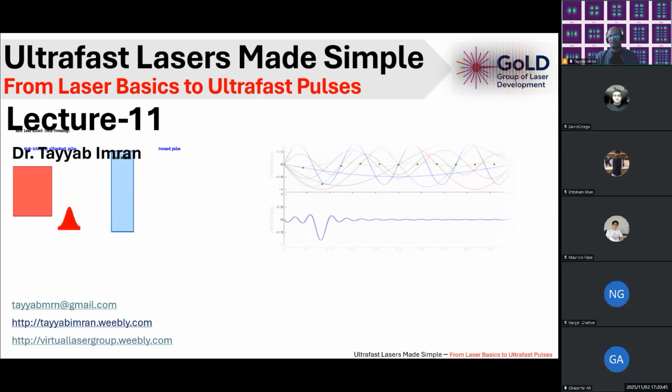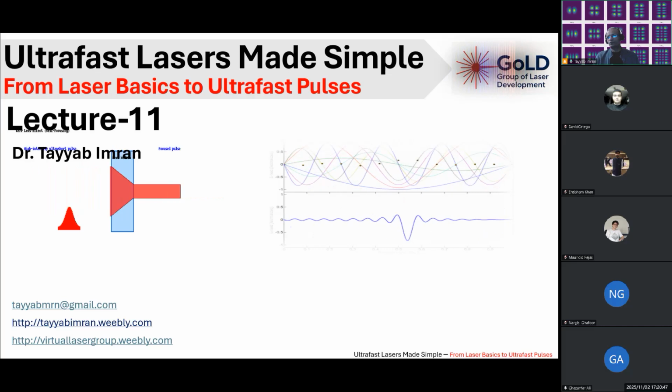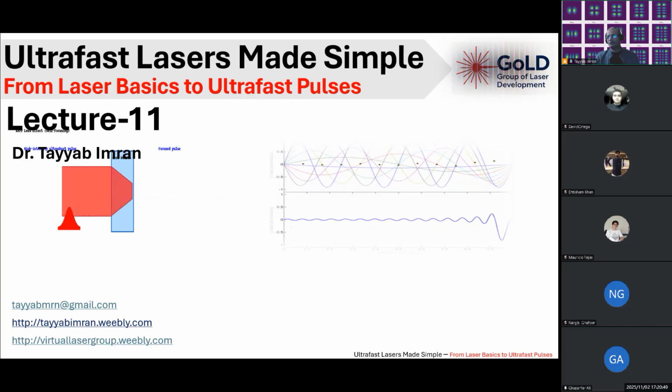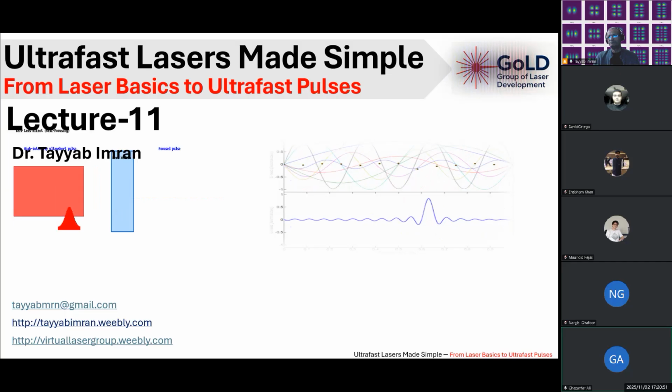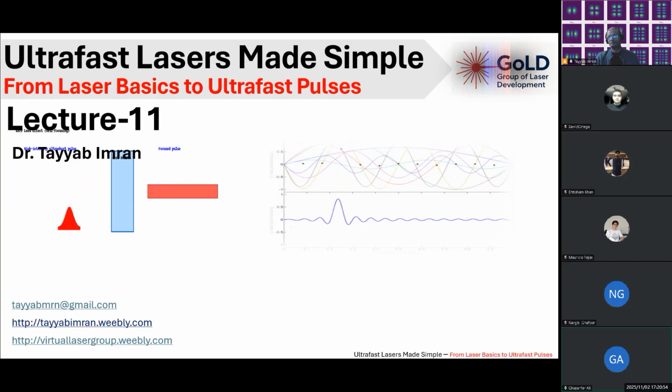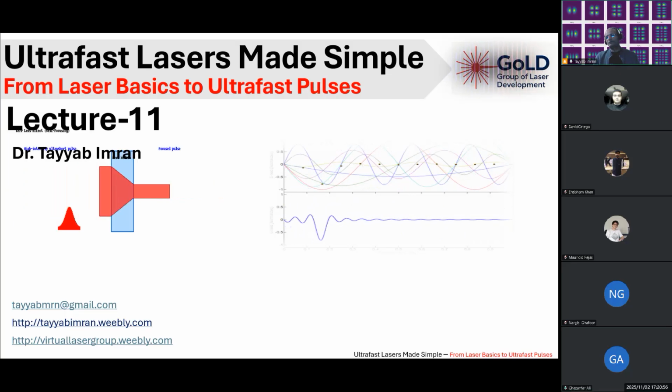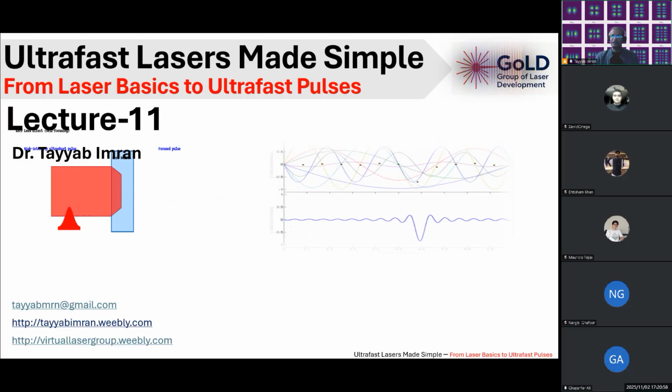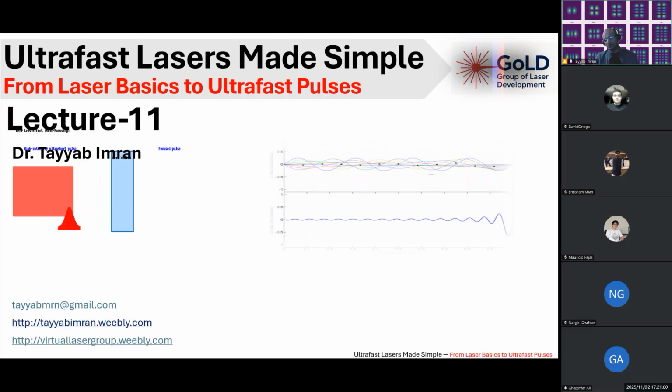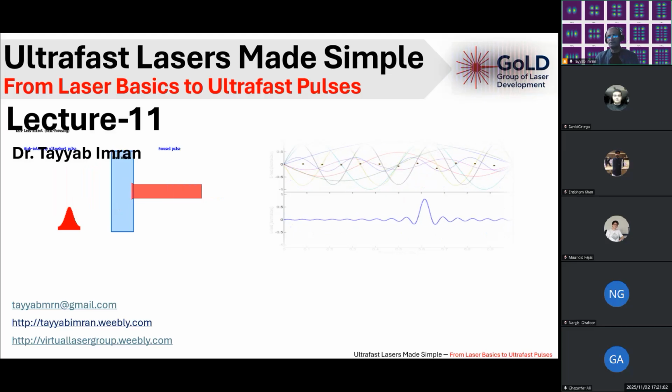Yeah, somehow, but not exactly. It's mainly the dyes we use as a saturable absorber. Yes, it absorbs and then bleaches. So it is something like this.